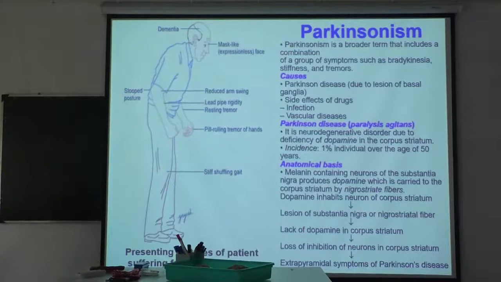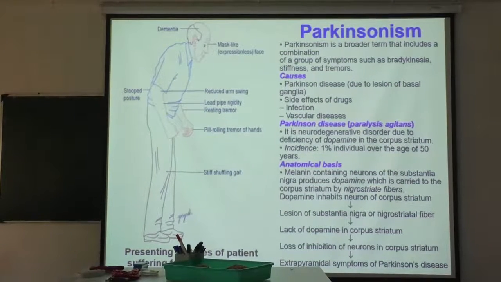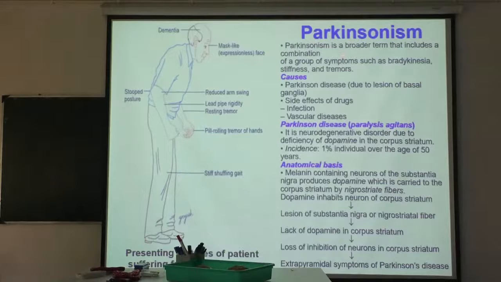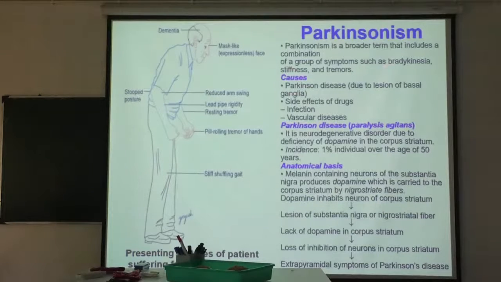Next we go to the clinical aspect of the corpus striatum. Important clinical aspect is Parkinsonism. Parkinsonism is a broader term that includes a combination of a group of symptoms such as bradykinesia, stiffness, and tremors. What are the causes of Parkinsonism?